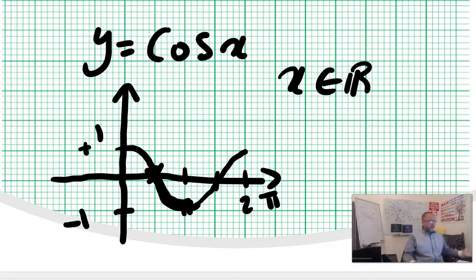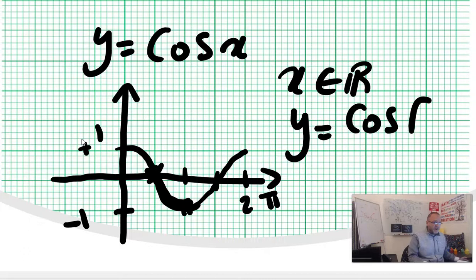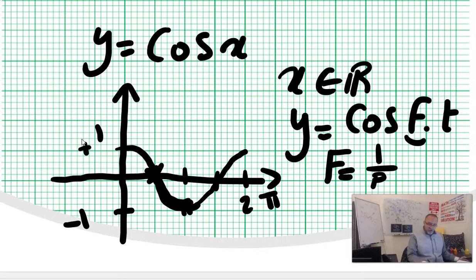Other than that, this one is self-explanatory, and it is a function of frequency and time: y equals cosine of frequency times time. We already studied that the frequency is one cycle every period, like the washing machine, remember?